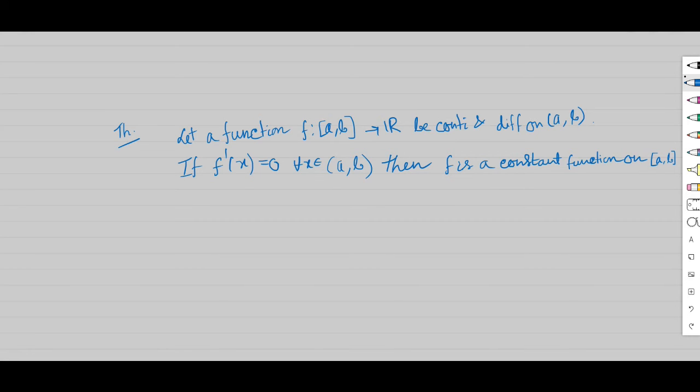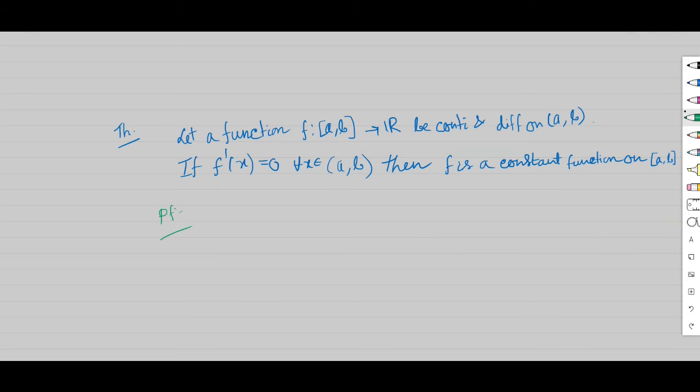So this is the problem. To prove that, we have to apply just the Lagrange mean value theorem.